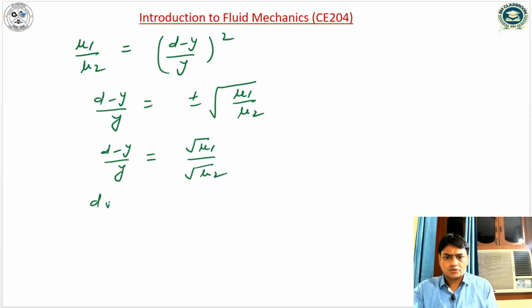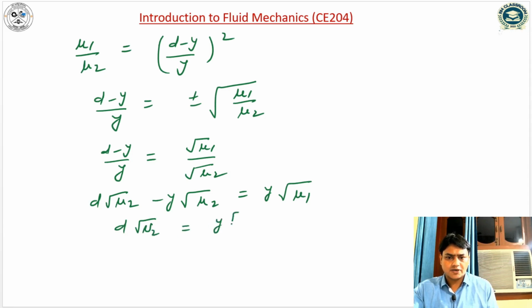So d into square root of mu2 minus y into square root of mu2 is equal to y square root of mu1. So d into square root of mu2 is equal to y, if I take common, square root of mu1 plus square root of mu2.